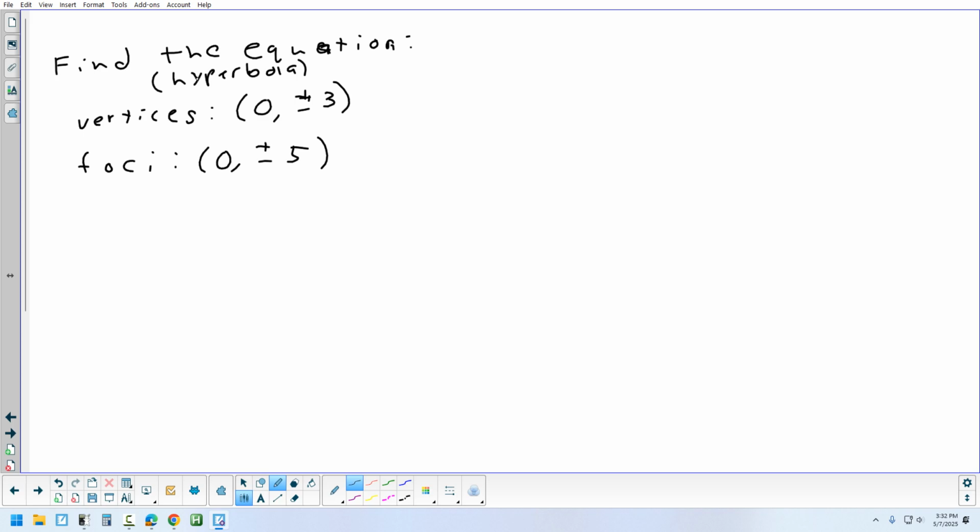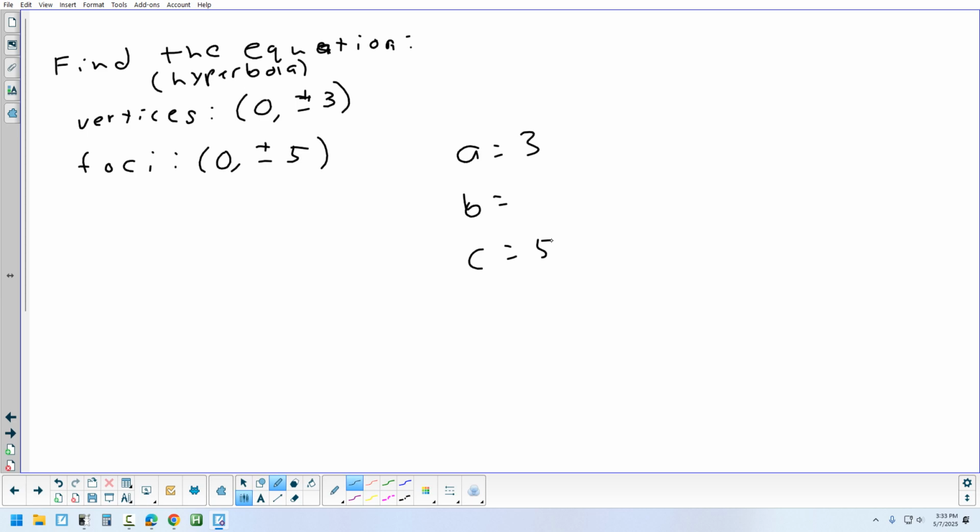Okay, so let's find A, B, and C. What can we find right away? A and C. Yep, what's A going to be? 3. Right, and C? 5. And now we have to figure out B. So how do we get B using A and C?